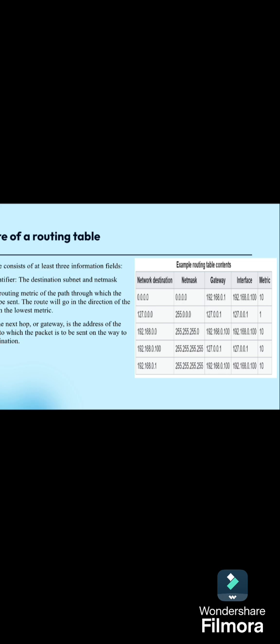The columns network destination and netmask together describe the network destination, and the gateway column contains the same information as the next hop. The interface column indicates what locally available interface is responsible for reaching the gateway.